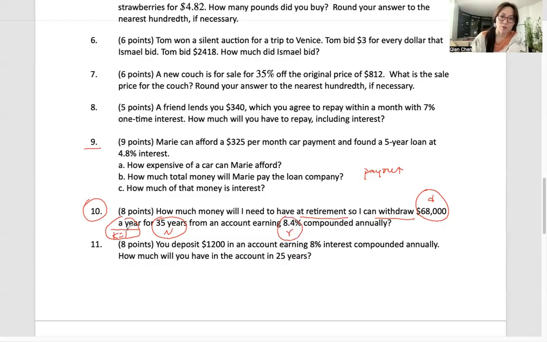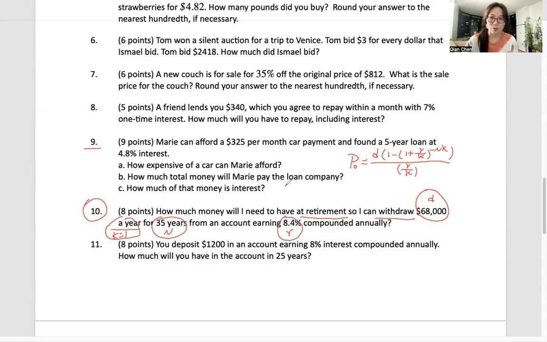Right? So now we just have to put those variables in. What are we looking for? How much money will I need to have at retirement? We're looking for P naught. So we use the payout formula. P naught equals D multiplied by 1 minus 1 plus R divided by K raised by negative NK in the numerator, divided by R divided by K. Let's calculate step by step.